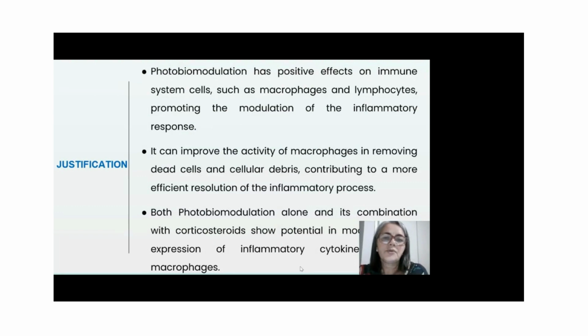Justification. Photobiomodulation has a positive effect on immune system cells, such as macrophages and lymphocytes, promoting the modulation of the inflammatory response. It can improve the activity of macrophages in removing dead cells and cellular debris, contributing to a more efficient resolution of the inflammatory process.